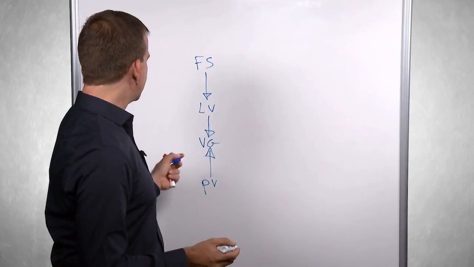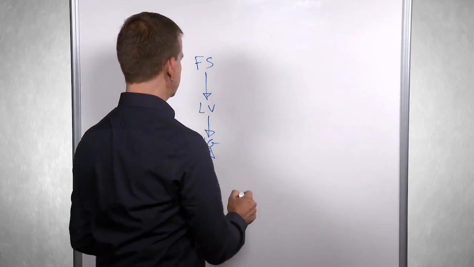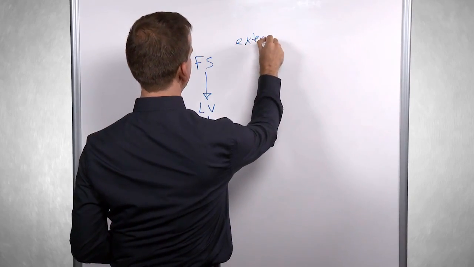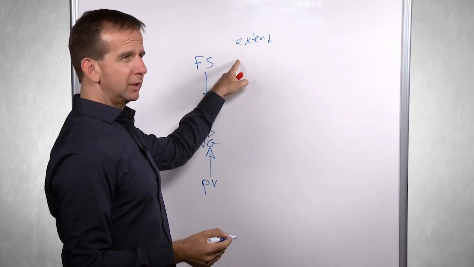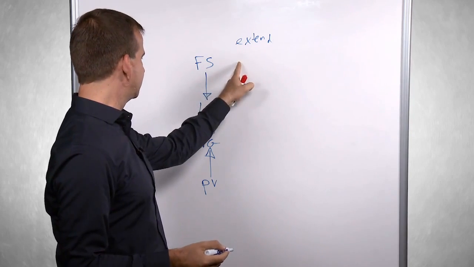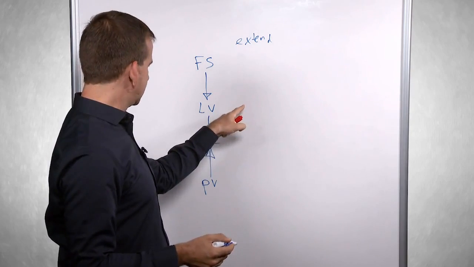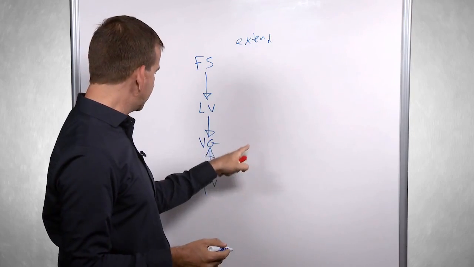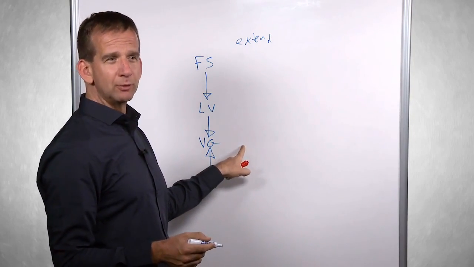Now imagine that your file system is running out of disk space and you want to make it bigger. So that means you want to extend the file system. In order to extend the file system, you cannot begin with the file system itself. You need available disk space in the logical volume. And in order to have the available disk space in the logical volume, you possibly need disk space in the volume group as well.